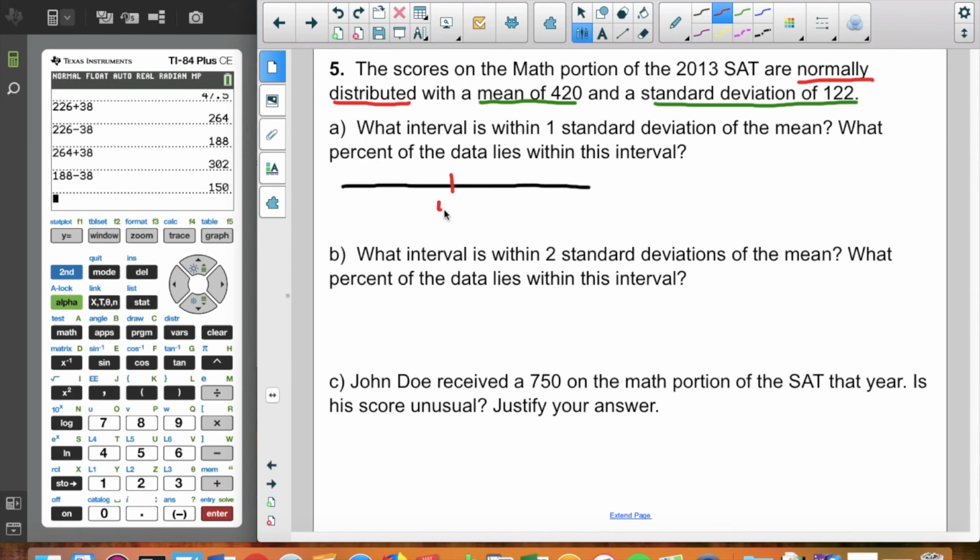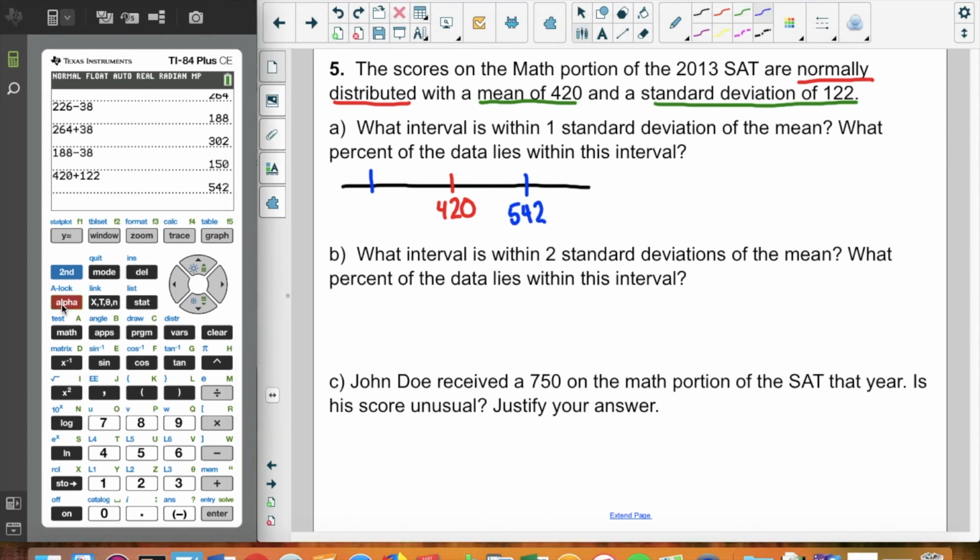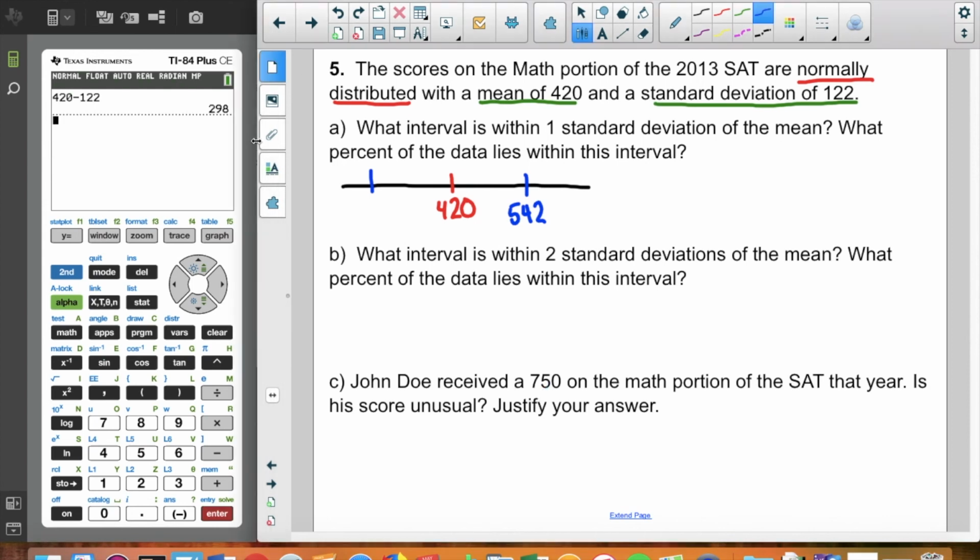So in the middle goes the mean, which is 420. Let's go one standard deviation away. So to get one standard deviation away, we have to add 122. So 420 plus 122 is 542. 420 minus 122 is 298.